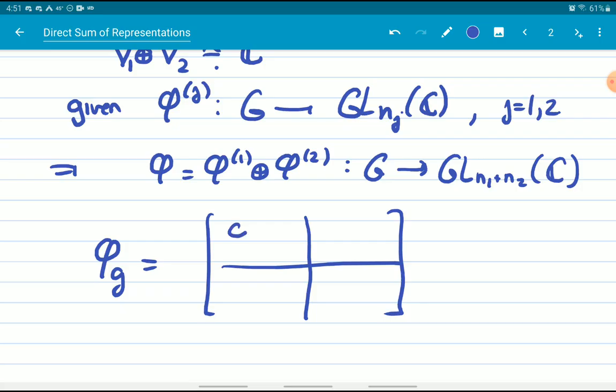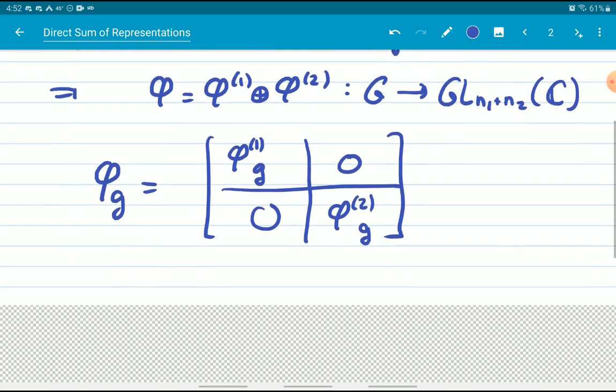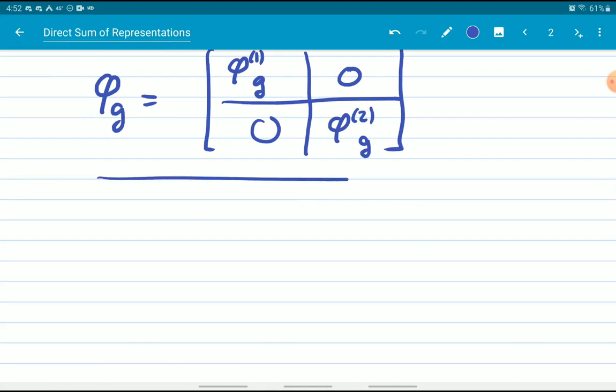So I'll put the matrix phi upper 1 of g here, and the matrix phi upper 2 of g here, and 0 here. These are blocks, because the original things are matrices. I think that's pretty straightforward to think about, and so it's easy to construct new representations by forming a direct sum.